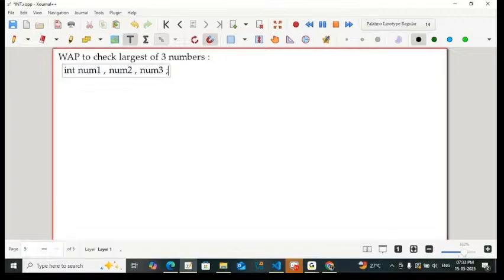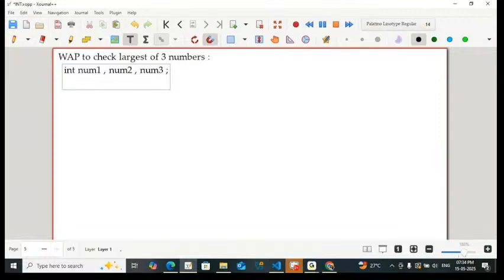Okay, now how will I decide that num1 is the largest of the other two numbers? So I am going to decide it with the help of two conditions. Num1 should be greater than num2.